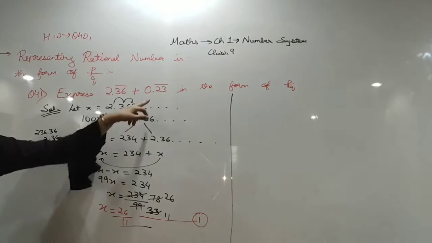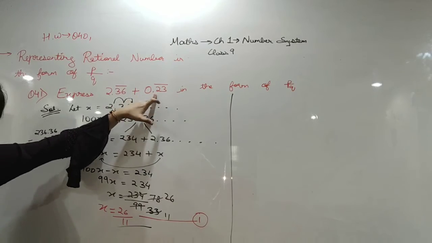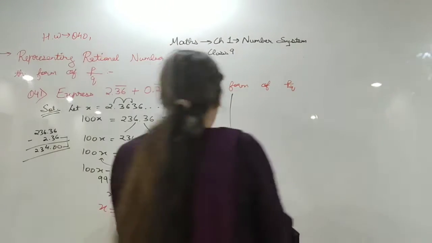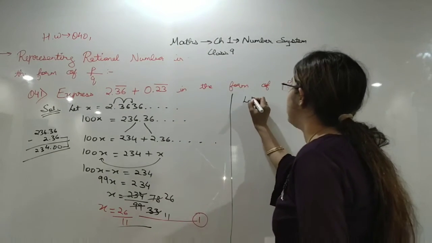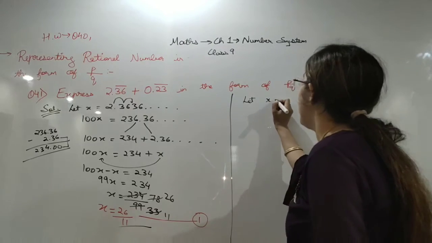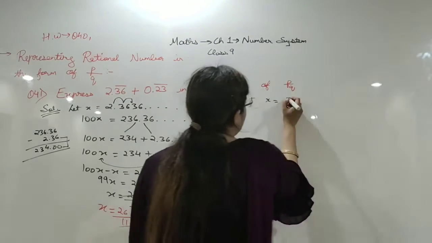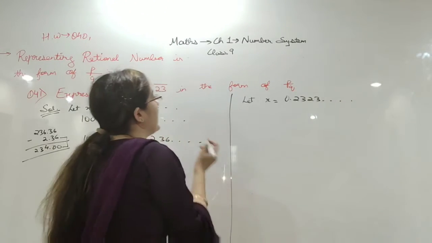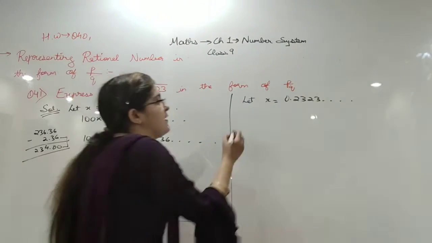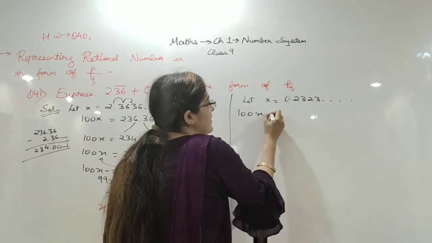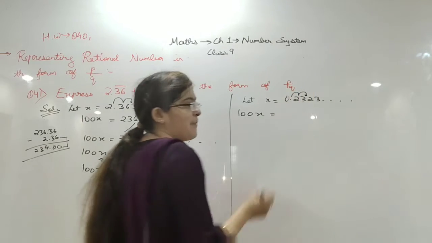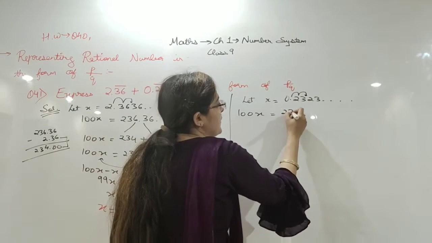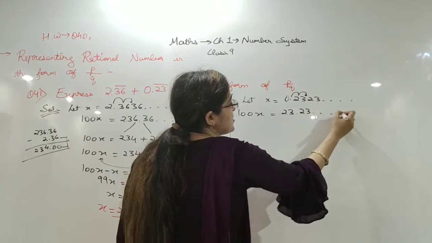Now what we will do? Now we will convert 0.23 bar in the form of P by Q. Let's start. We will do the same thing. Let x is equal to 0.2323 and so on. Now the bar is on 2 digits, so we will multiply it by 100. Here the decimal will shift by 2 places. It will be 23.23 and so on.